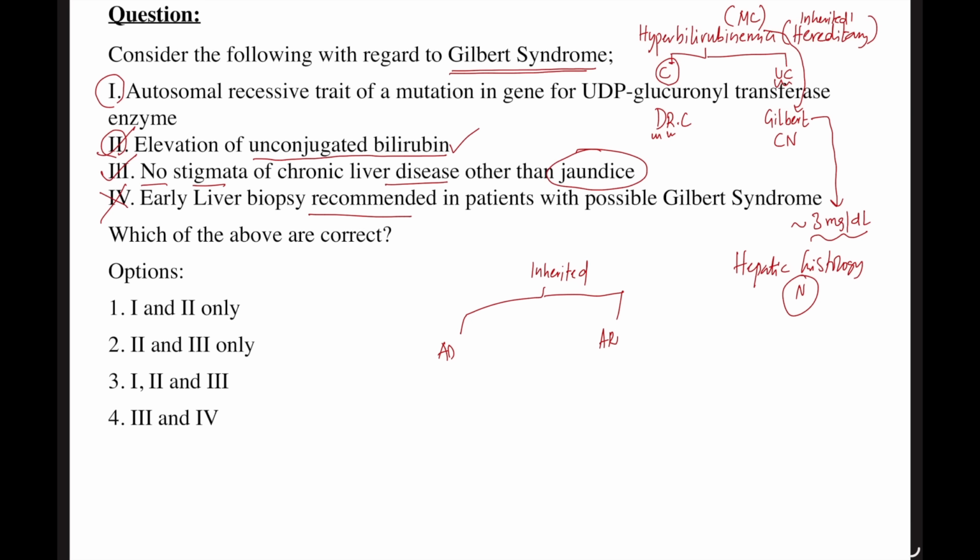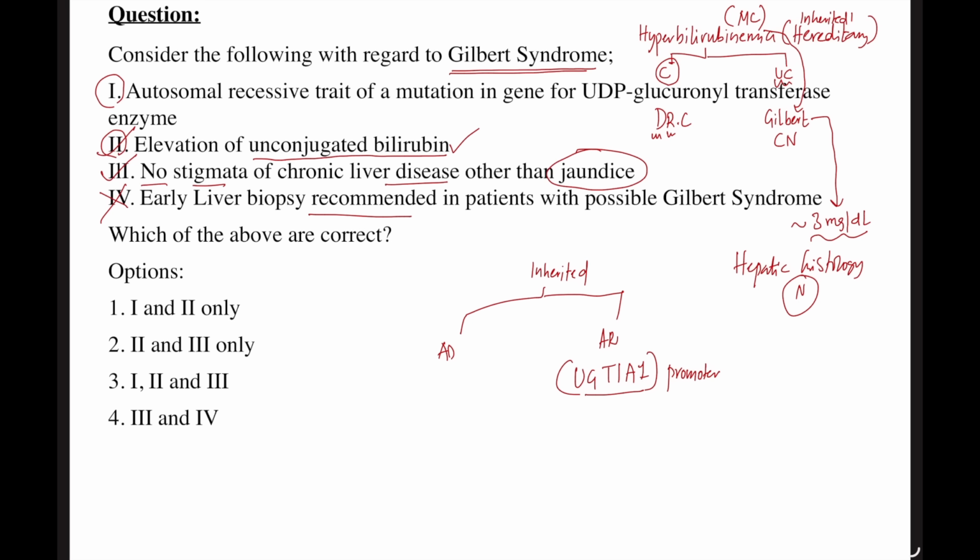And this Gilbert syndrome, if it is an autosomal recessive trait, means there is mutation in UGT1A1, that too in the promoter region of the UDP glucuronosyltransferase enzyme. Difficult to remember, just UGT1A1. This is autosomal recessive.